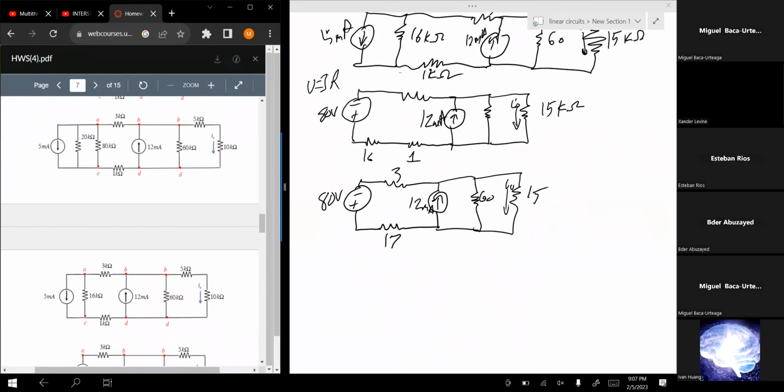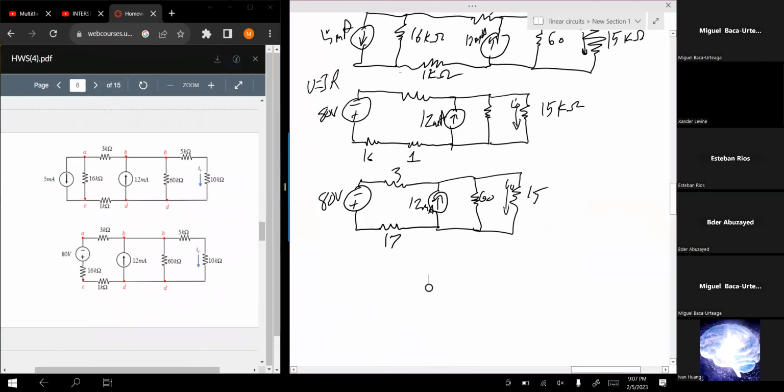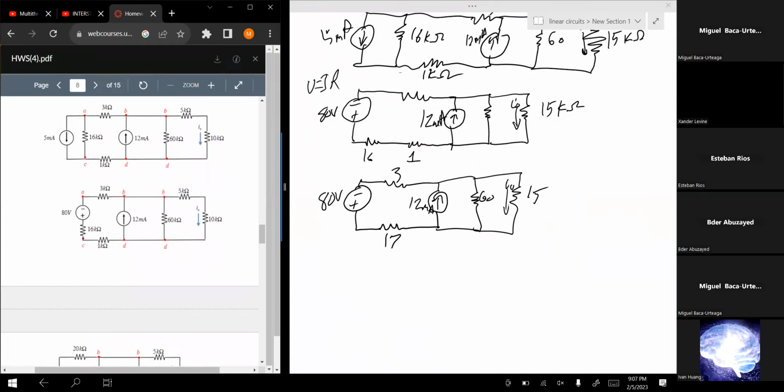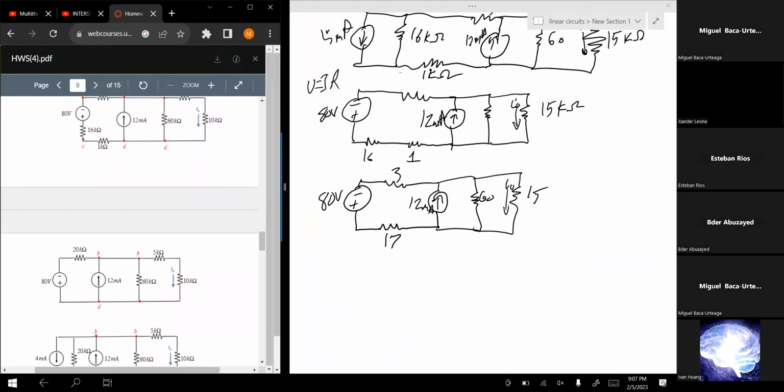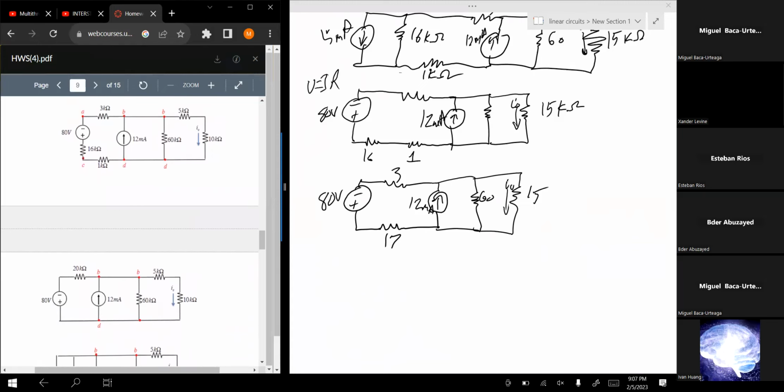Okay, they combine it in parallel. 16. Okay, they put the 16 with the 1. Okay, what do they do afterwards? $20 kiloohms. Okay.